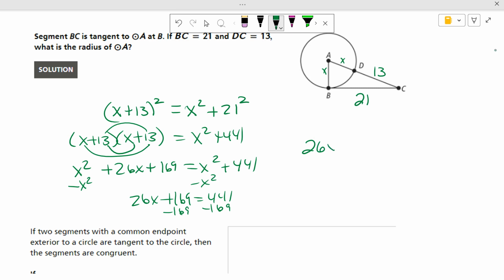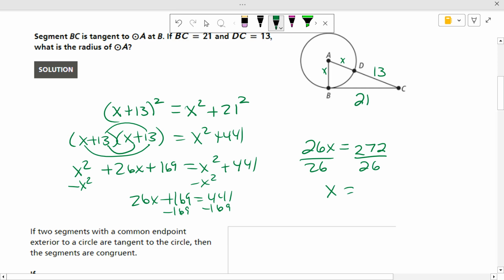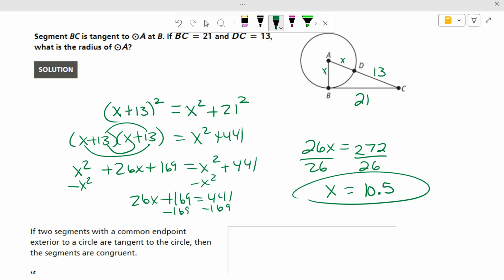So 26x equals 272, and divide by 26. Somebody, calculator, 272 divided by 26. 10.1? 10.5? So the radius is 10.5 units long. Okay.